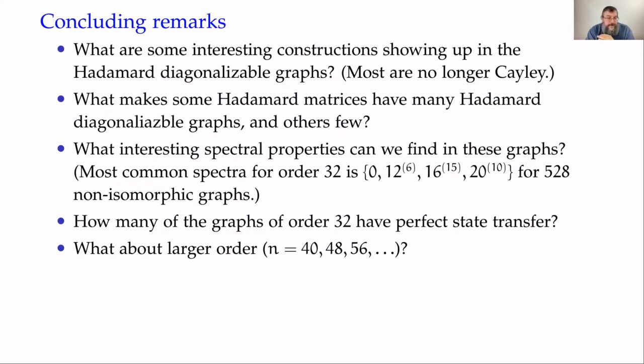For those, we don't know what all of them are, and Sloane seemed to be biased towards ones that had a really beautiful pattern, which don't seem to produce very many. So there's a fairly small number there. For 48, Sage has a way to produce a Hadamard matrix of order 48. When we plugged that in, we got a couple hundred different Hadamard diagonalizable graphs. So we do have the computational power to handle them.